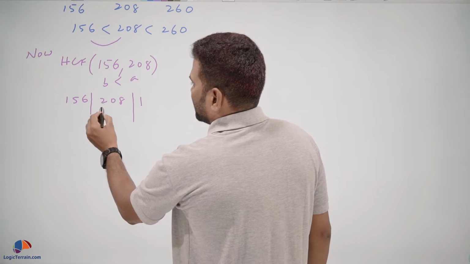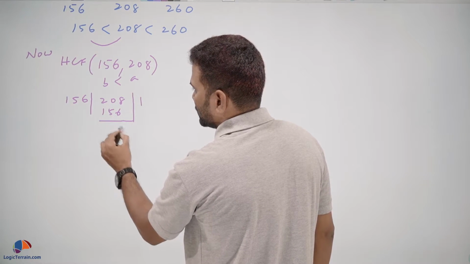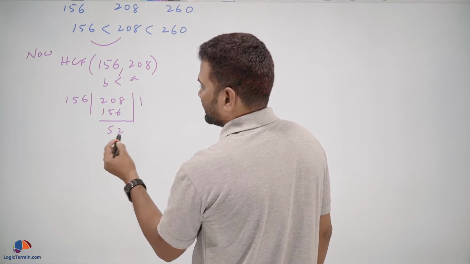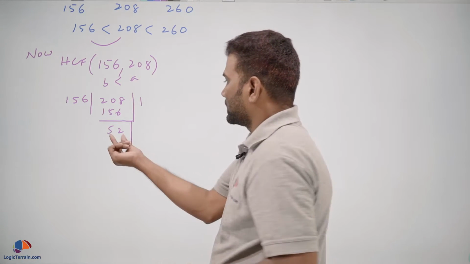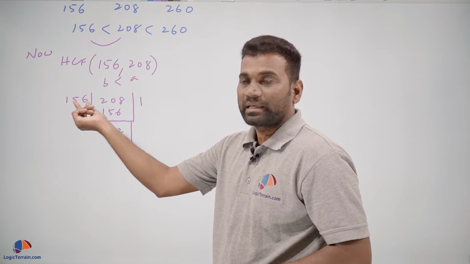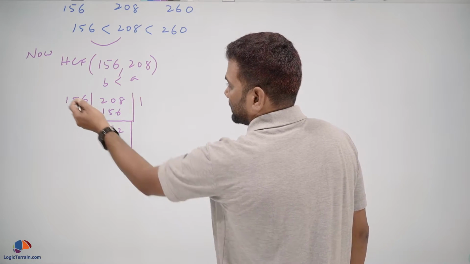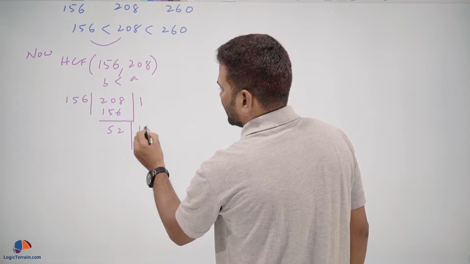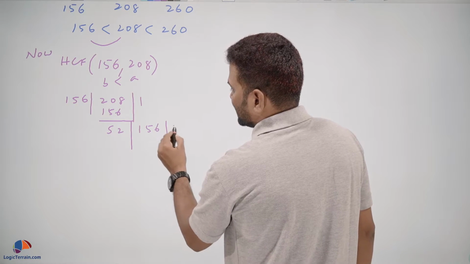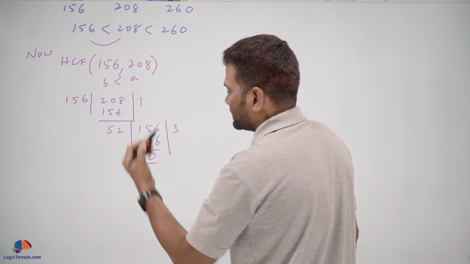So here, one time 156, on subtracting, the remainder here is 52. Now the remainder becomes the divisor. Then we apply the division algorithm on these two: 3 times 52 is 156, remainder 0.